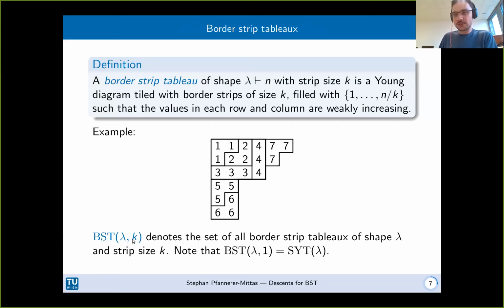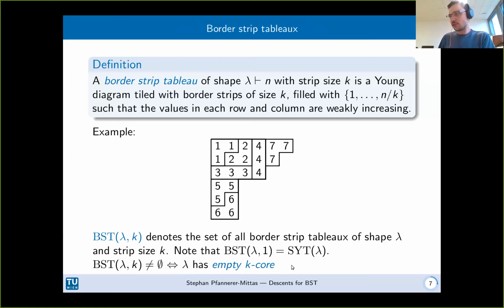One thing that you should notice is if we choose the strip length to be 1, the strips of length 1 are just single cells, so we obtain back the standard Young tableaux. So border strip tableaux with strip size 1 are just standard Young tableaux. One notation that we will use is lambda having an empty core.